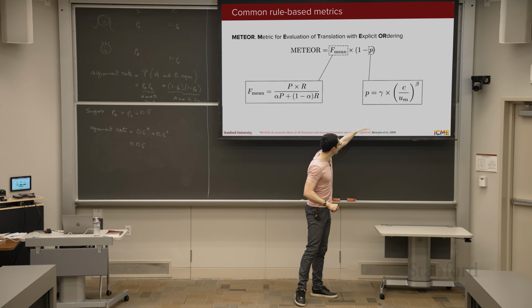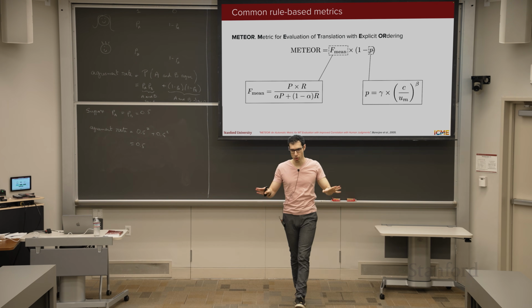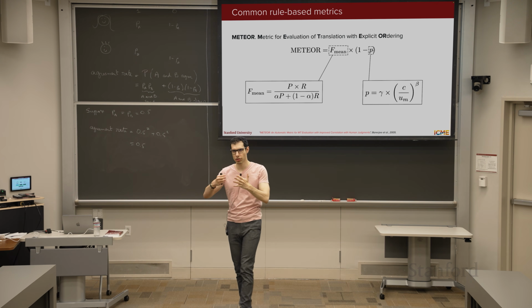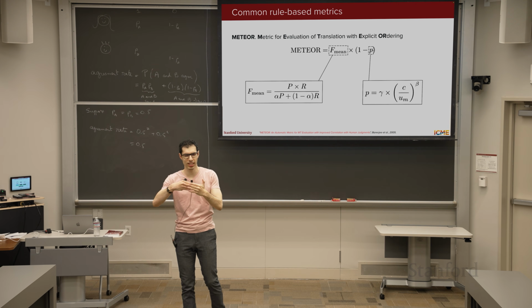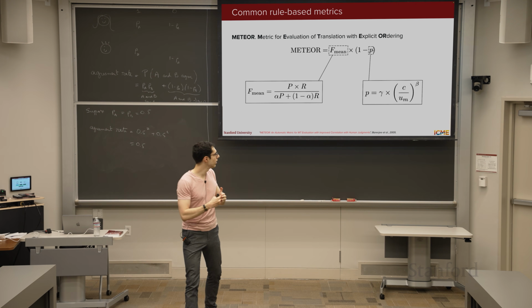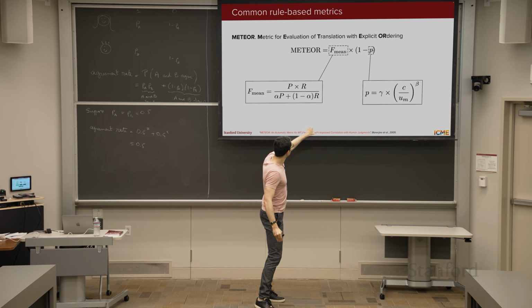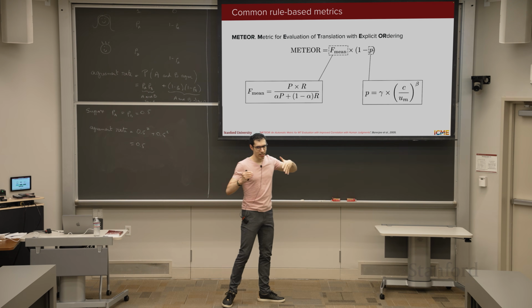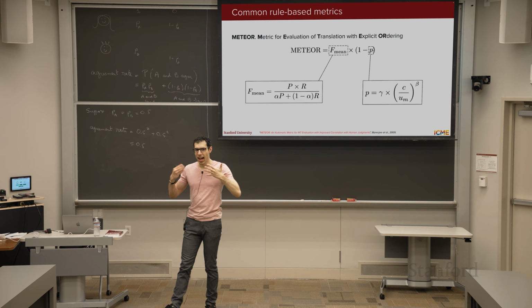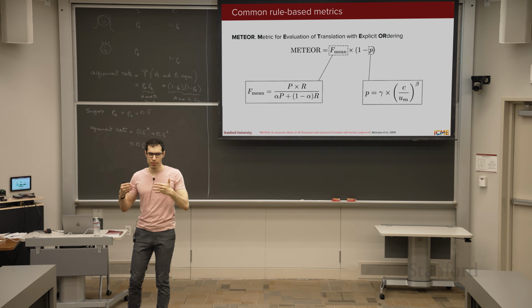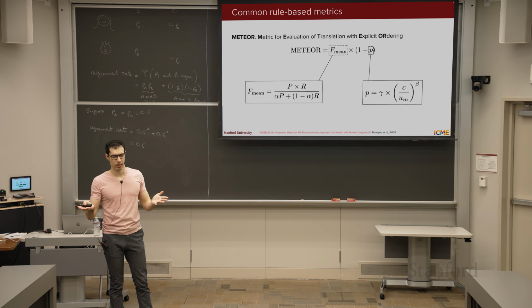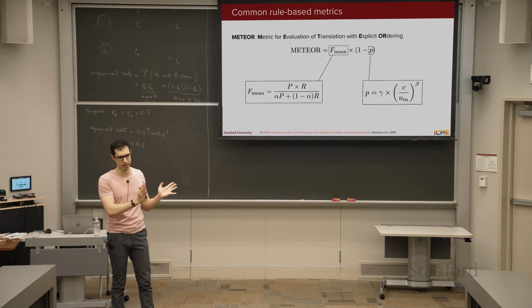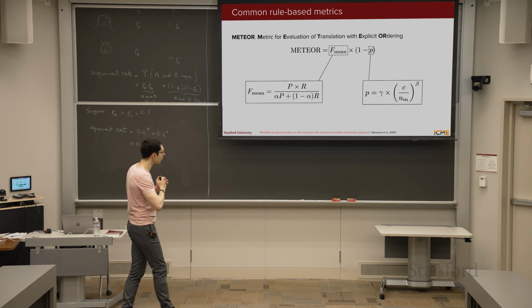So you want that penalty term to be low for a prediction that has the same ordering as the reference. So I guess a higher METEOR score means better translation according to this way of doing things.